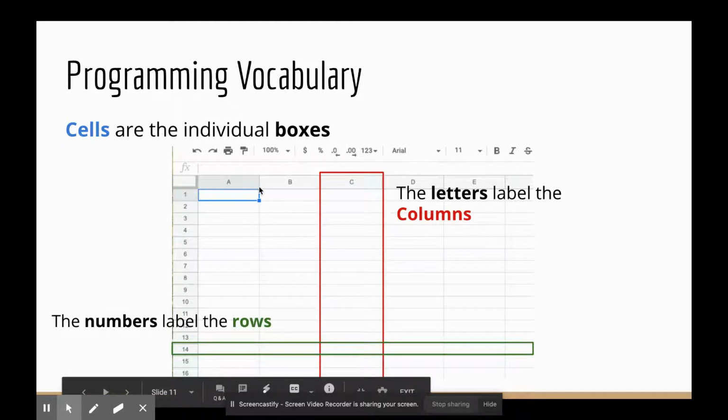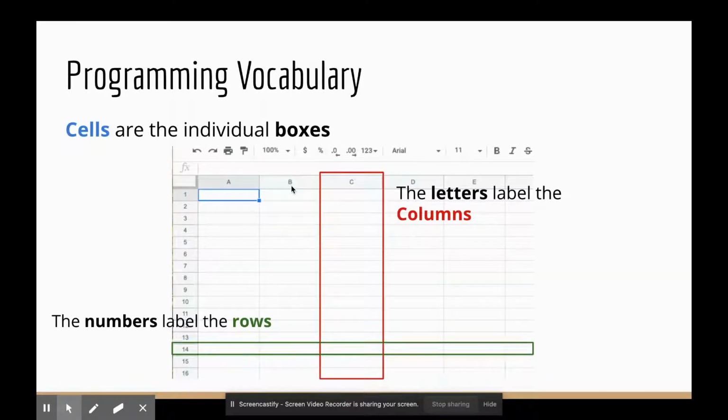So if I'm talking about B2, that means I would go over to column B and go down to row 2, and this would be the cell right here that I would be focusing on. This one right here, since it's already highlighted, would be A1. Whenever we're talking about A1, B2, whatever, it talks about the individual cell in a specific location.